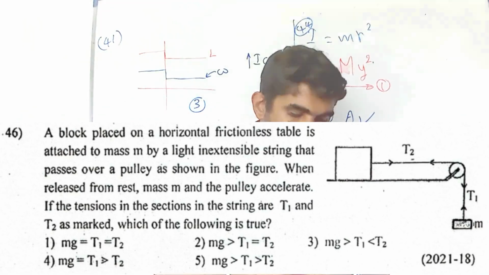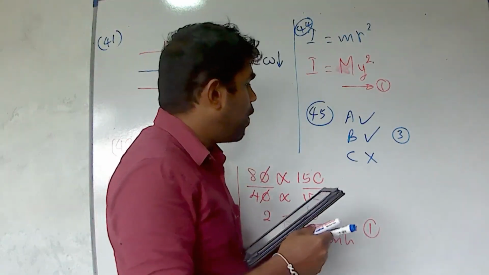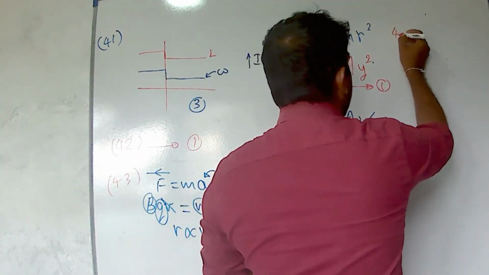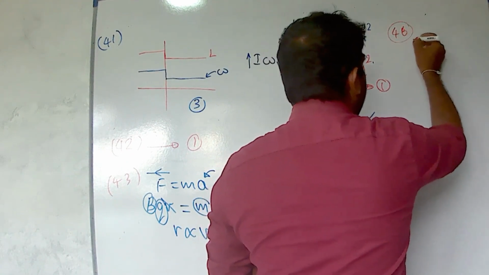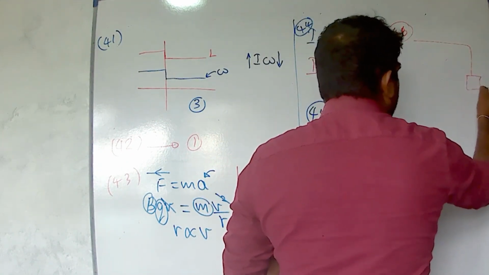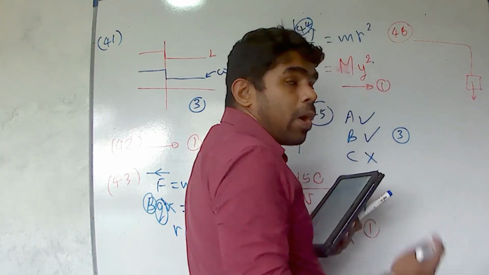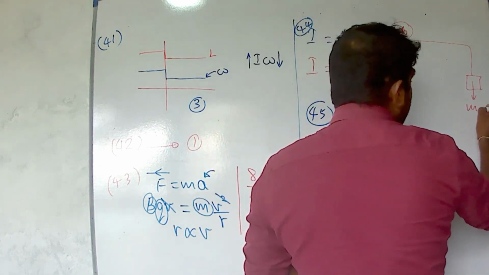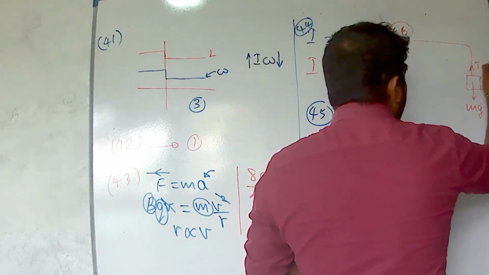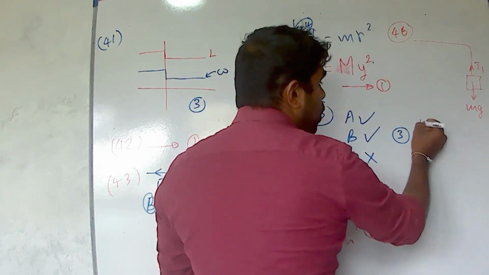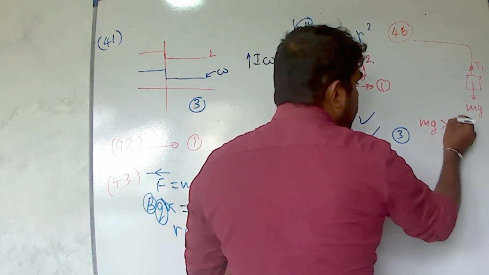Which of the following is true? You know that when considering object, simple M mass, it is accelerating downward. It means mg weight should be greater than T1 tension.